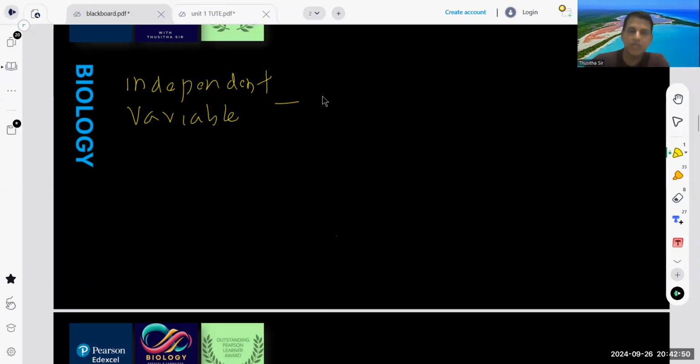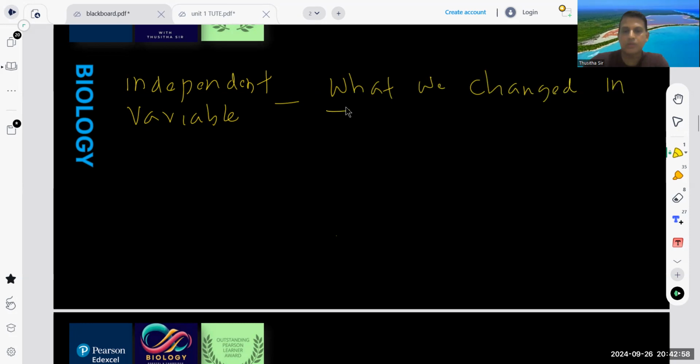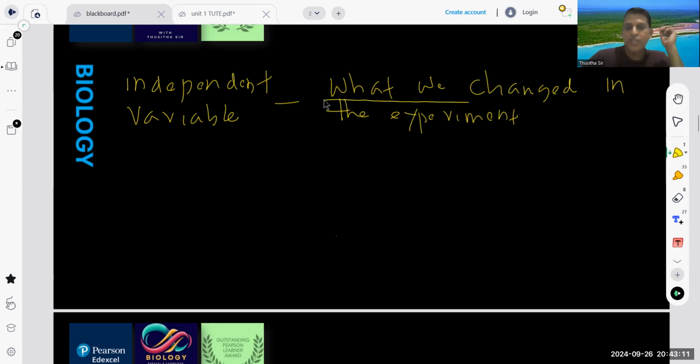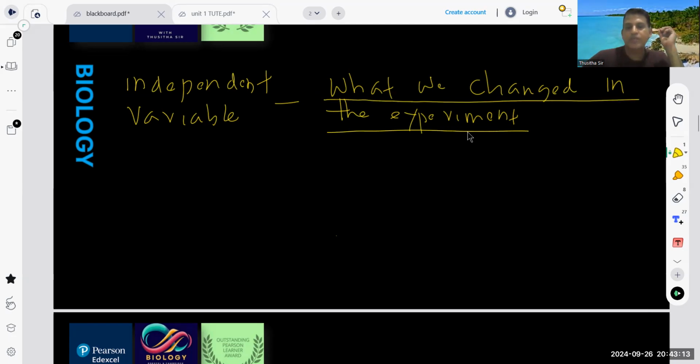The independent variable is what we change. So you write in a notebook, what is the meaning of independent variable? It is what we change in the experiment.